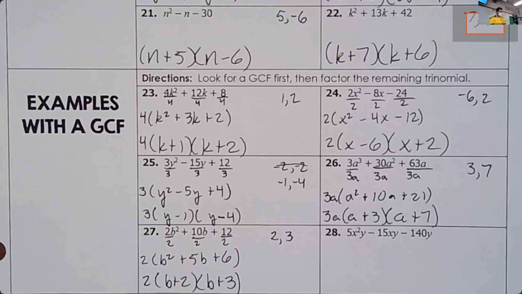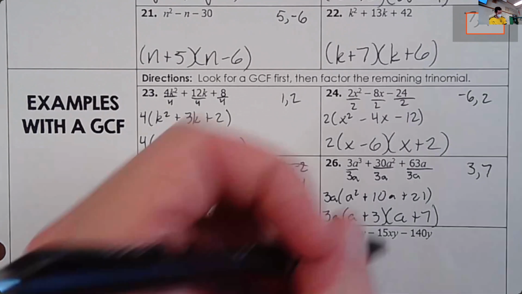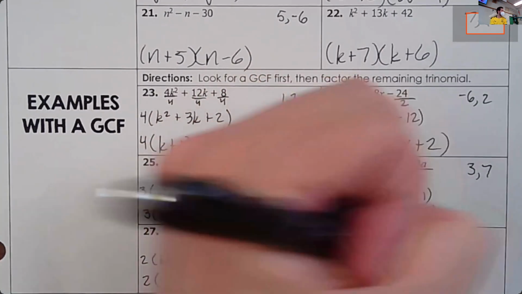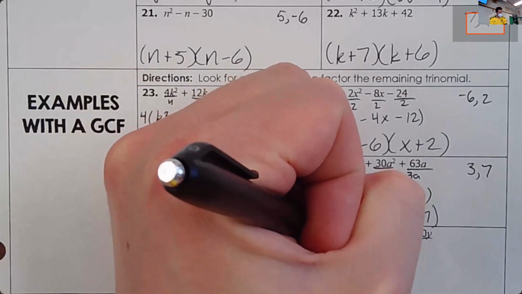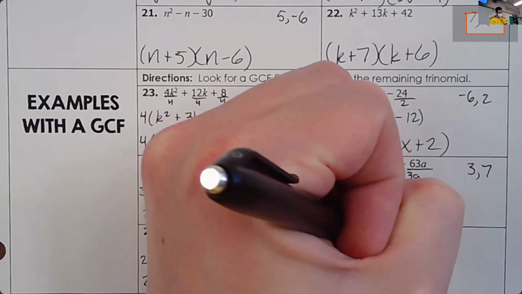What is our GCF on number 28? 5 for sure. The number is 5. Any variables? Y? Yeah, 5y. So 5y is our GCF.